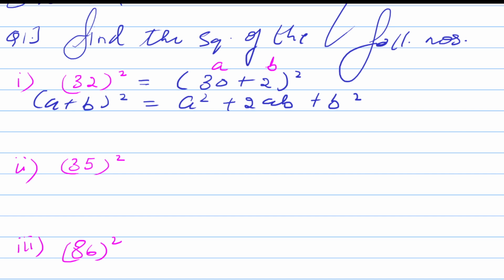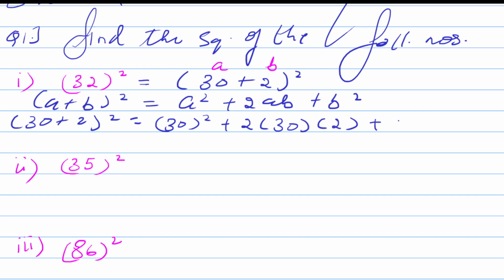Okay. So let us use this formula and substitute the values and see what we get. 30 plus 2 whole square is equal to a square, meaning 30 square, plus 2 multiplied by 30 multiplied by 2 plus 2 square.